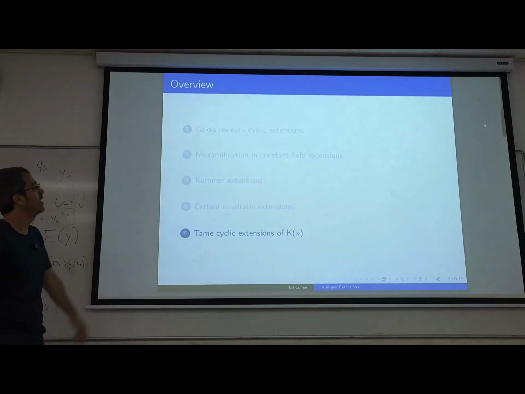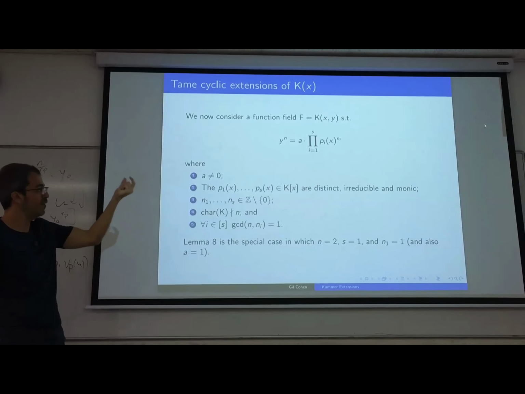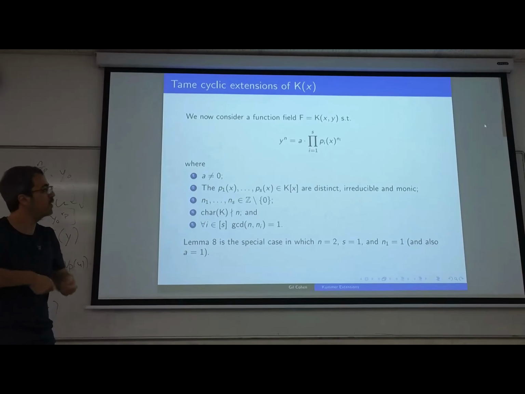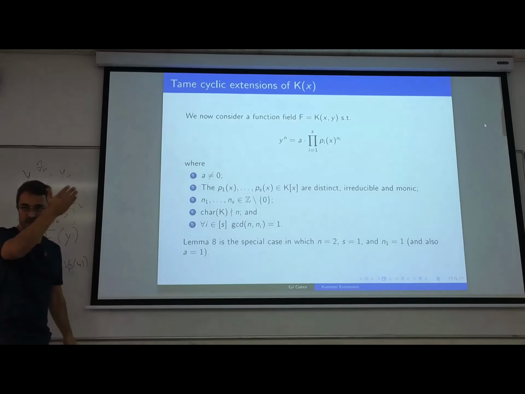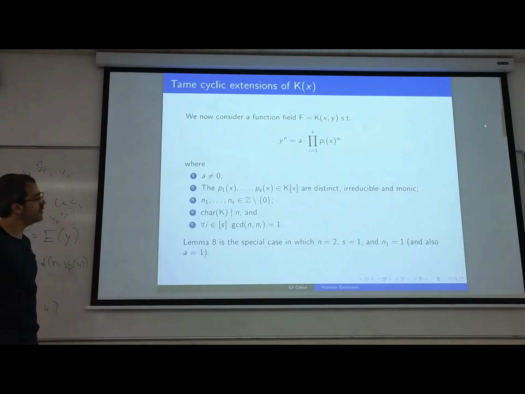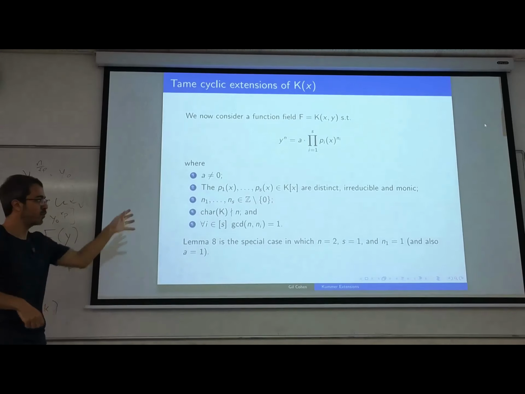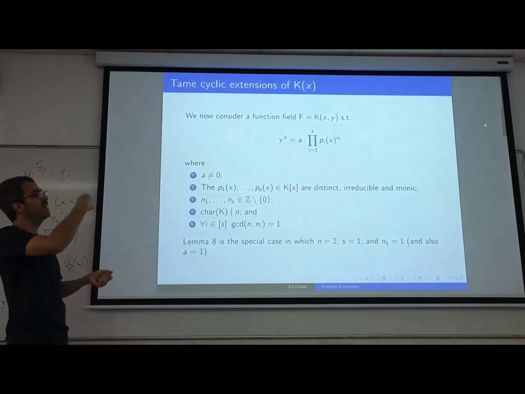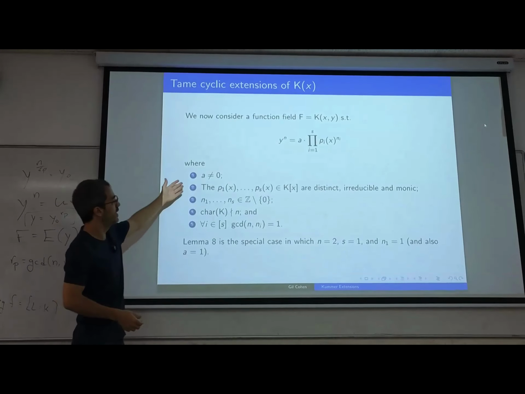Just plug and play. And more generally, when you look at y to the n equals not just u, but if you look at it closer and you factor u into its irreducible components in the numerator and denominator, as appeared in the examples that I did, then you can break down the requirements so that you can more easily verify the properties that you need in order to apply the theorem.